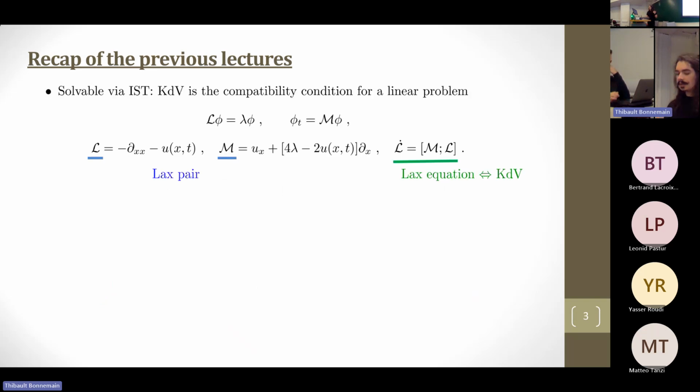Right. As I argued last time as well, integrability can have several meanings, right? And in the context of KdV in particular, it also means that it is solvable via the inverse scattering transform.